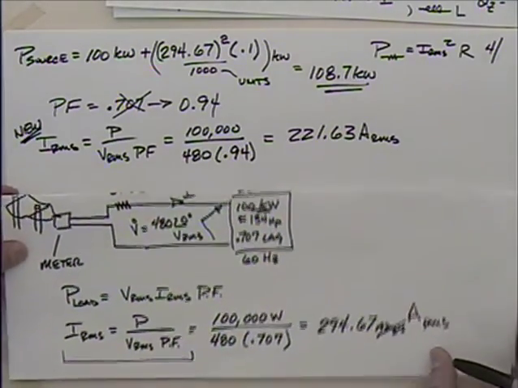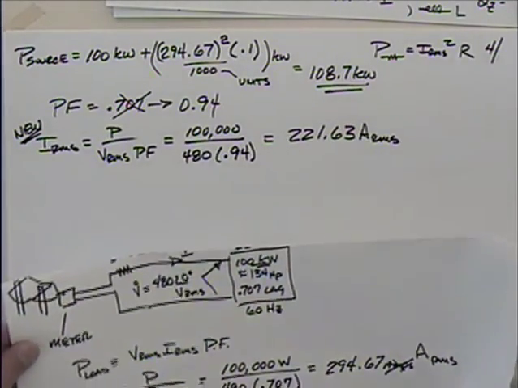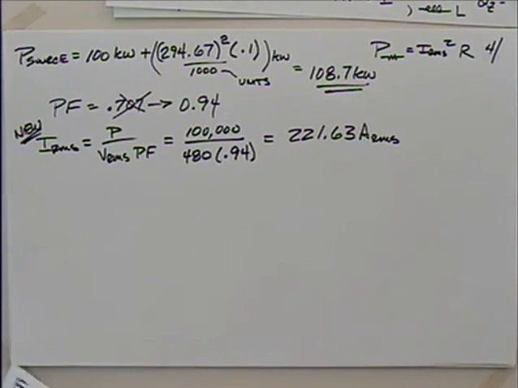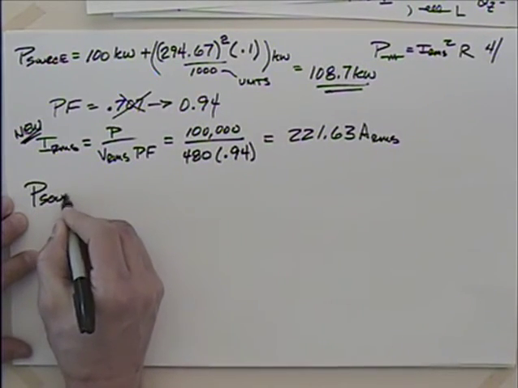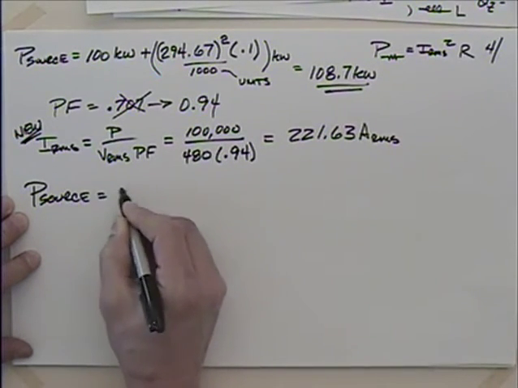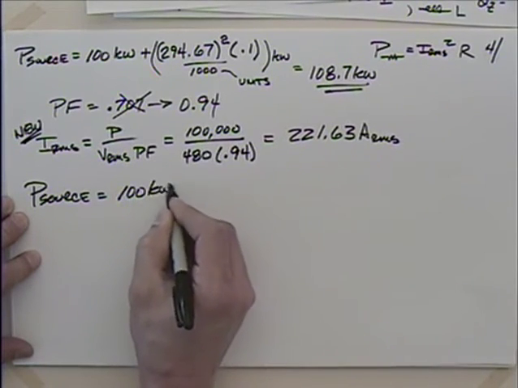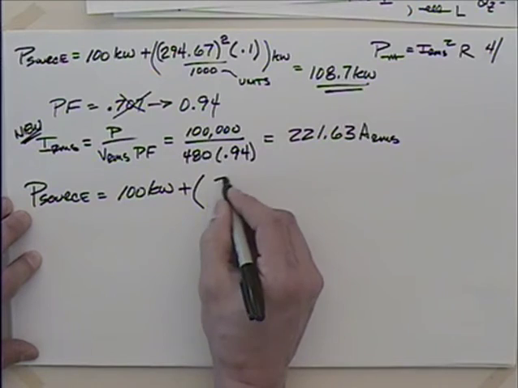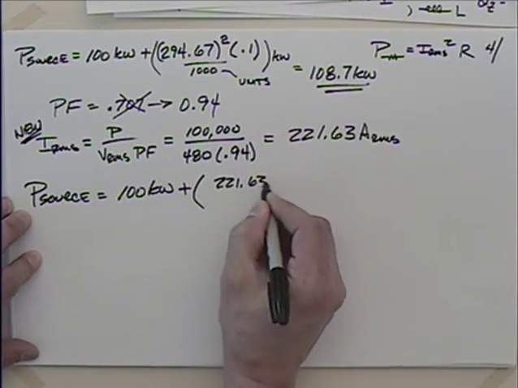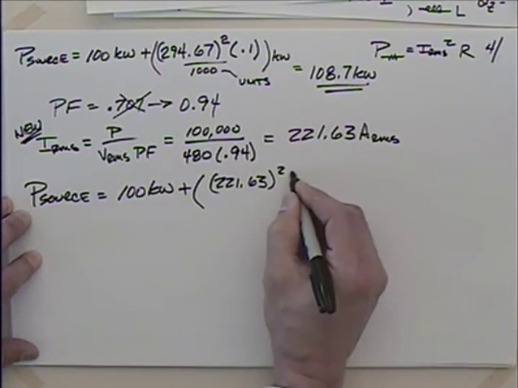Okay, so we've got the current there, so I can go through this again. And I can say then that my power at my source is equal to this 100 kilowatts plus, instead of 294, 221.63 squared times 0.1.